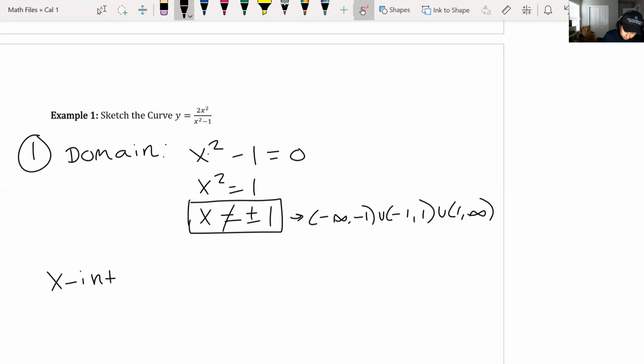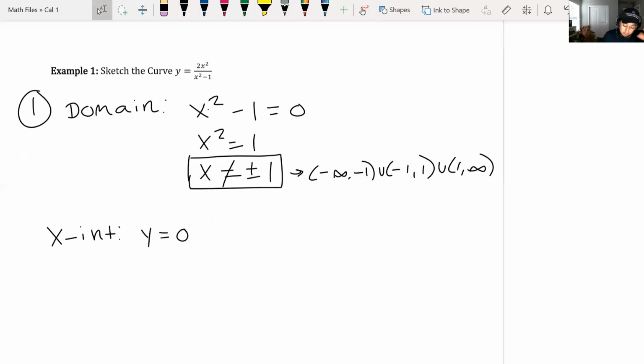Okay. Next is x-intercepts. For our x-intercepts, we will let y equal 0. So I take the function 2x squared over x squared minus 1 and set it equal to 0. To make our life easier, x-intercepts only come from the numerator.